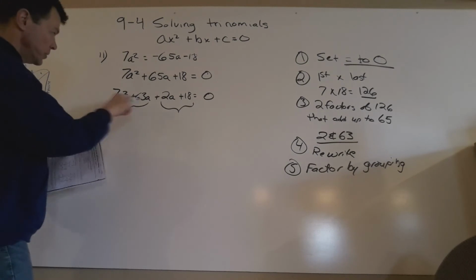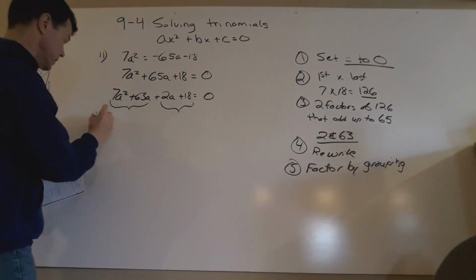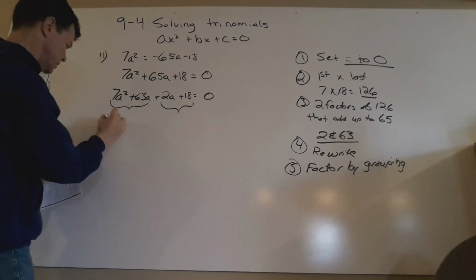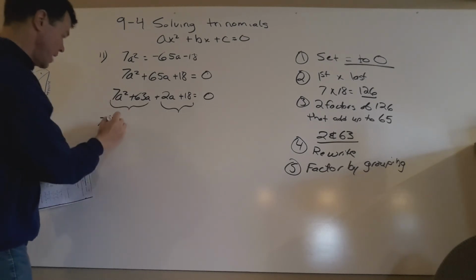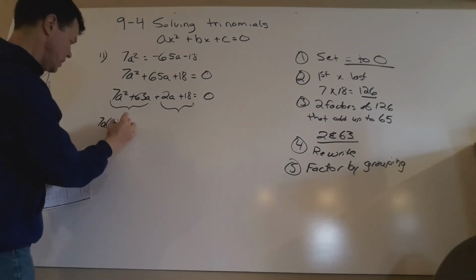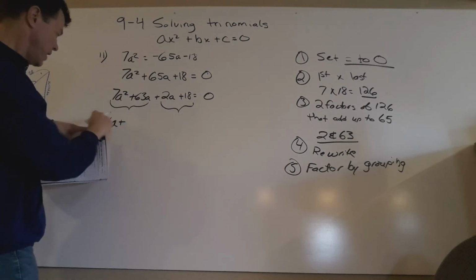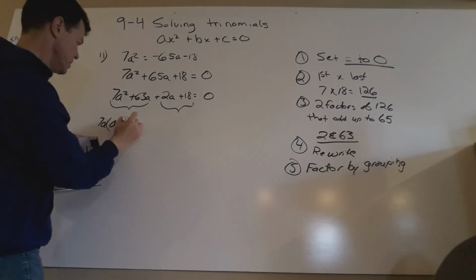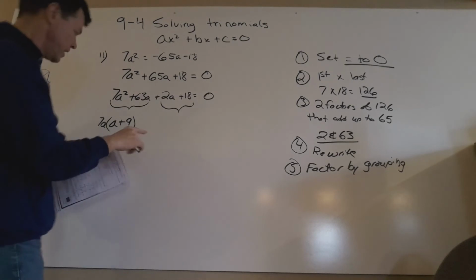What can I pull out of both 7a squared and 63a? Well, I can pull out 7a, and I'm left with a plus 63 divided by 7, which is 9. So a plus 9.